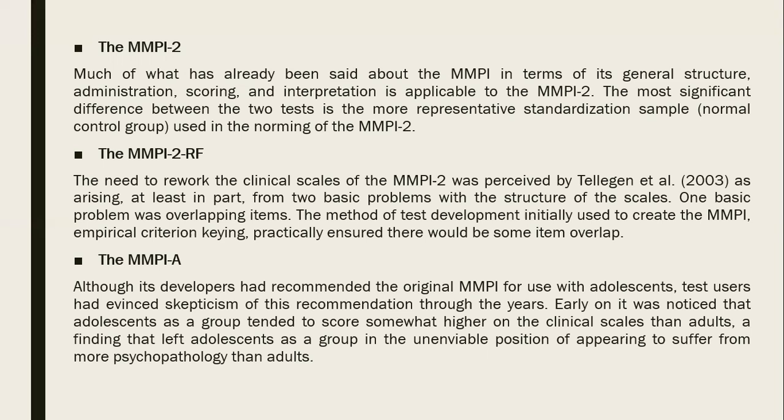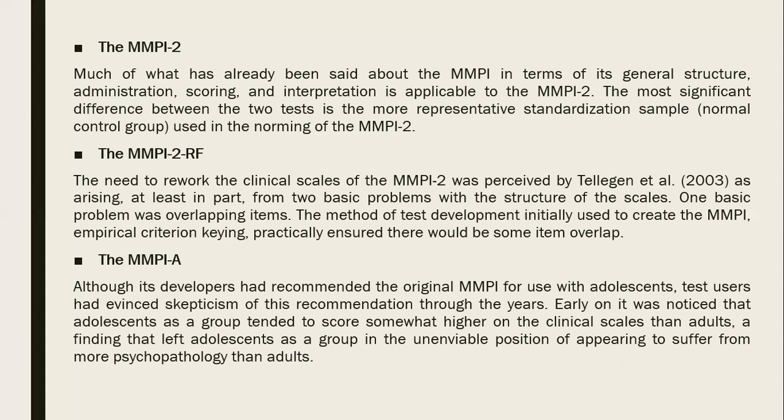The MMPI-2-RF: the need to rework the clinical scales of the MMPI-2 was perceived by Tellegen et al., 2003, as arising, at least in part, from two basic problems with the structure of the scales. One basic problem was overlapping items. The method of test development initially used to create the MMPI, empirical criterion keying, practically ensured there would be some item overlap.